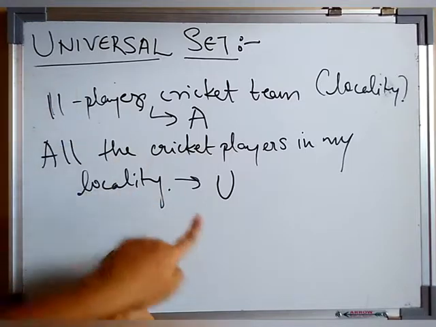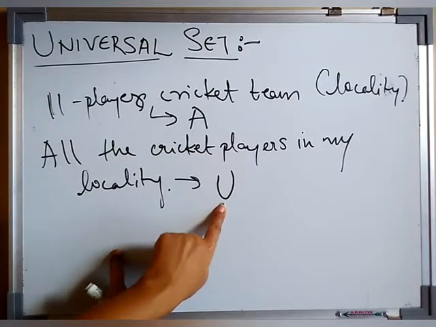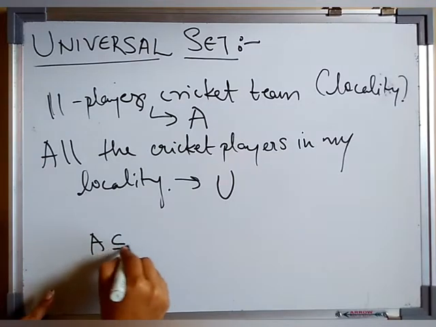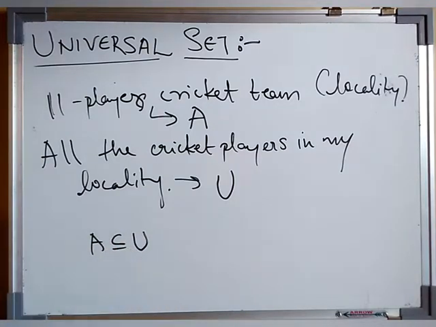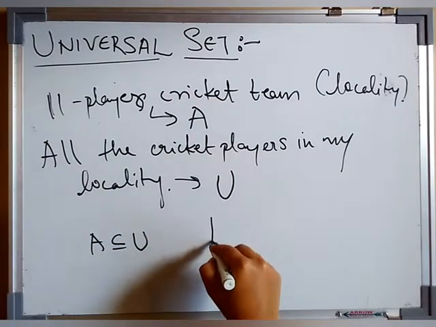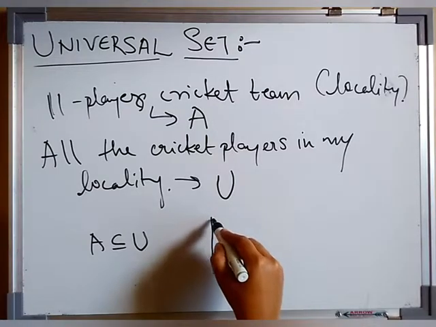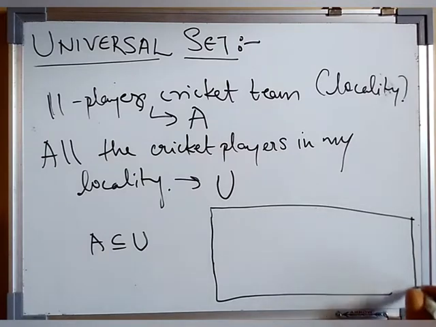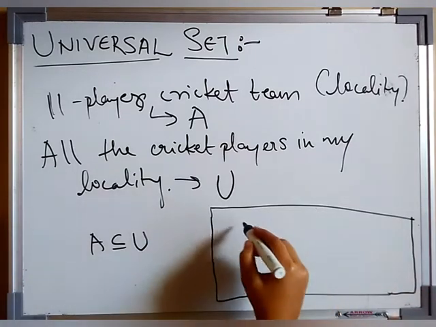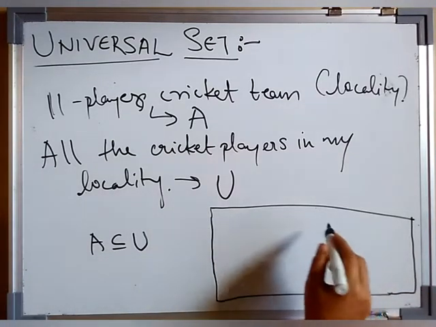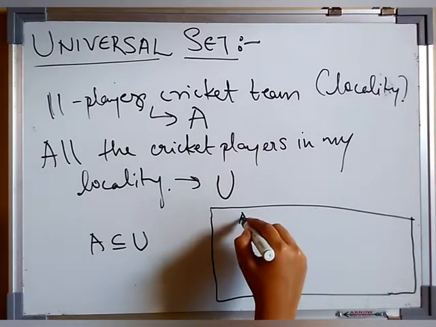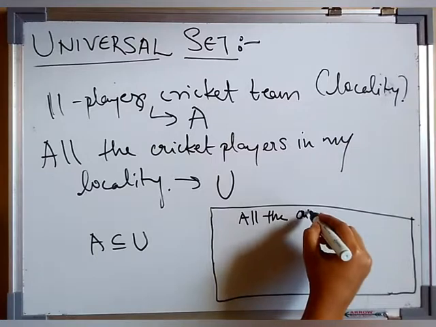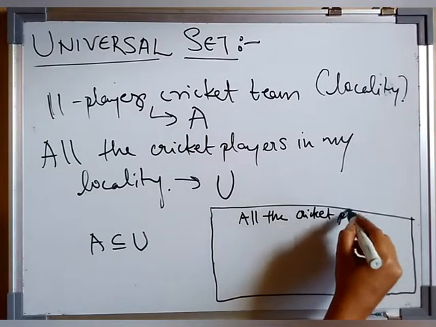Since it is the universal set, we will denote it using U. Okay, and this is a subset. That means A is a subset of the universal set. Now this rectangle I am denoting for all the cricket players.